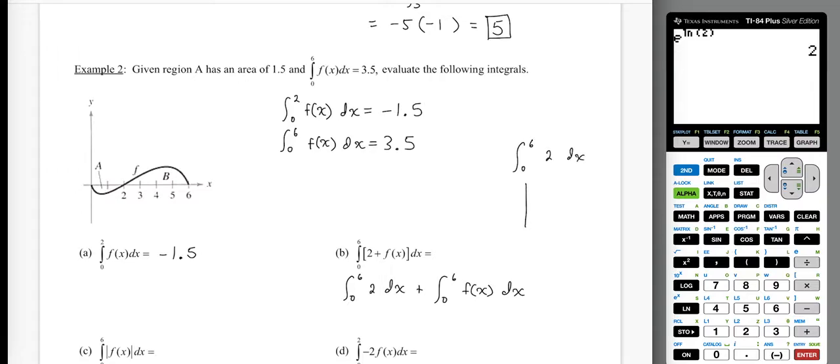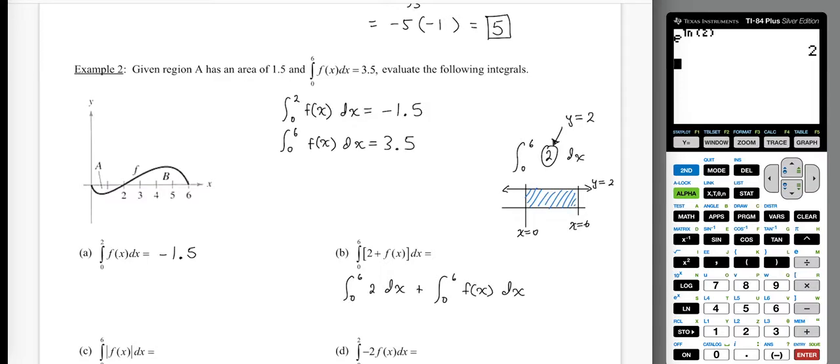If I create a quick graph, this is some function. In this case, y equals 2, horizontal line. Going from x equals 0 to x equals 6. So the question's really asking, what's the area of that rectangle?